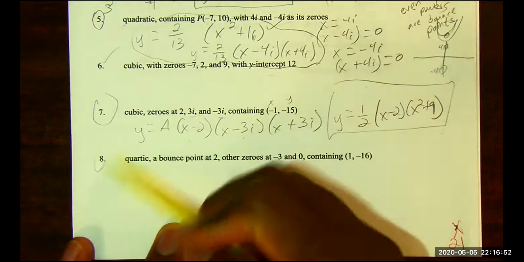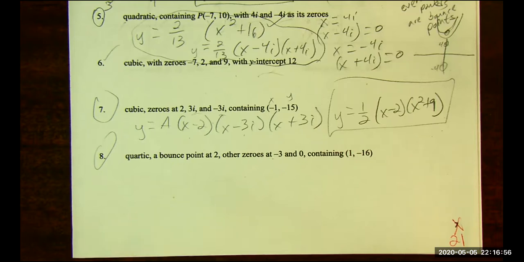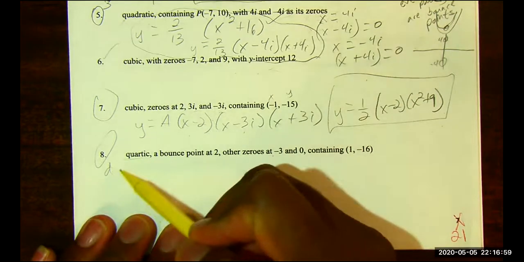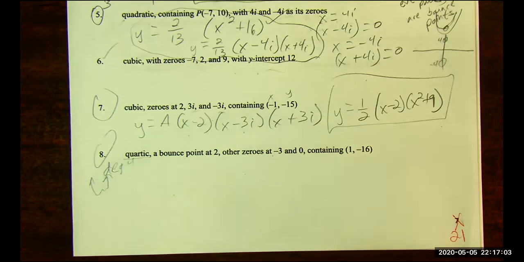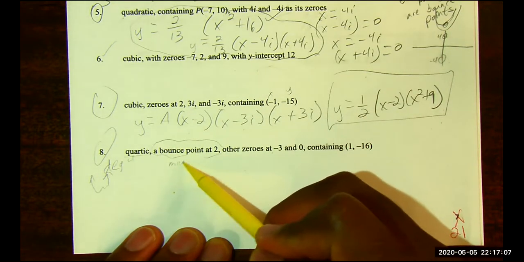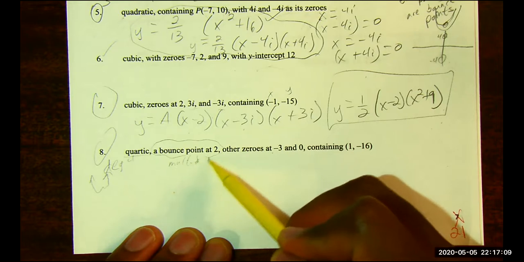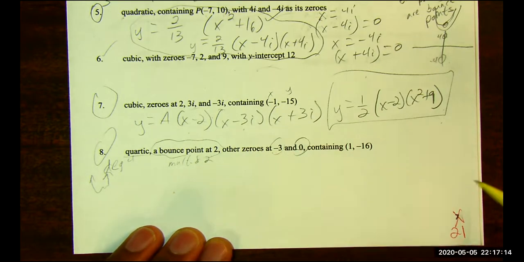I'm going to go ahead and do this quartic for the heck of it. Quartic, so it's degree 4. It looks something like this, and has 4 solutions. Bounce point at 2, so that means there's a multiplicity of 2 with this root. Other zeros, 1, 2, 3, 4.